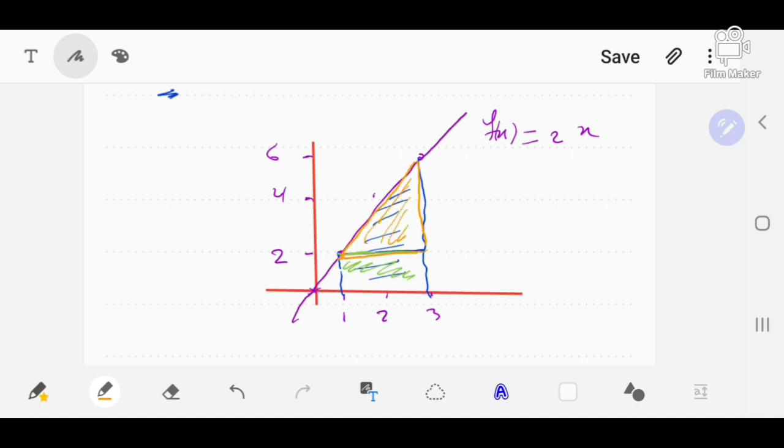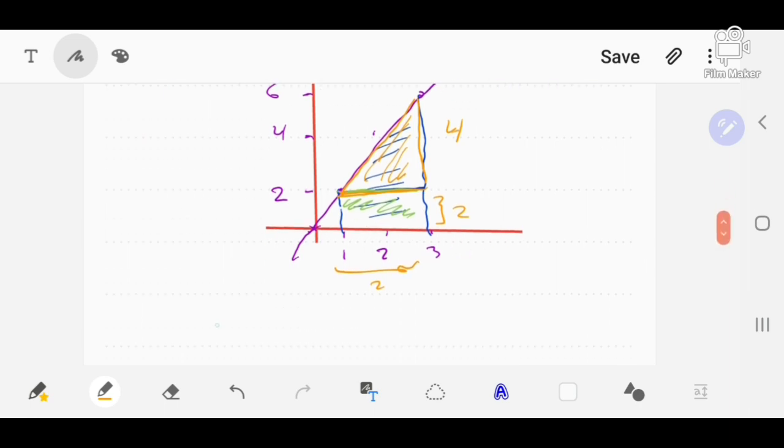The length here is 2, the height is also 2. Here the height of the triangle is 4 and the base of the triangle is 2. So simply the area here will be the area of a rectangle plus the area of a triangle, and we all know how to evaluate these areas.